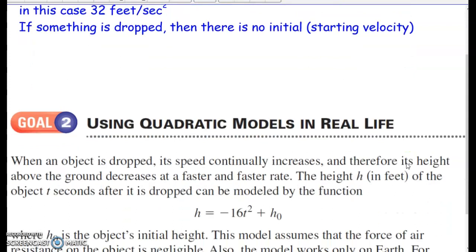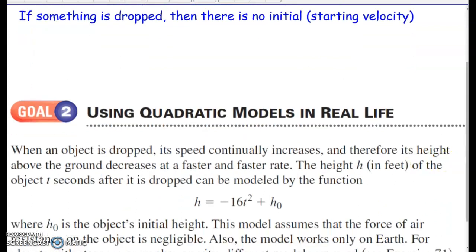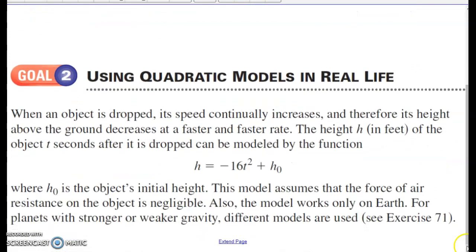Okay, let's take a look at the first example. When an object is dropped, its speed continually increases and therefore its height above the ground decreases at a faster and faster rate. The height in feet of an object t seconds after it is dropped can be modeled by the function h. Now in this case, they're saying h is the height, equals negative 16t squared plus h naught.